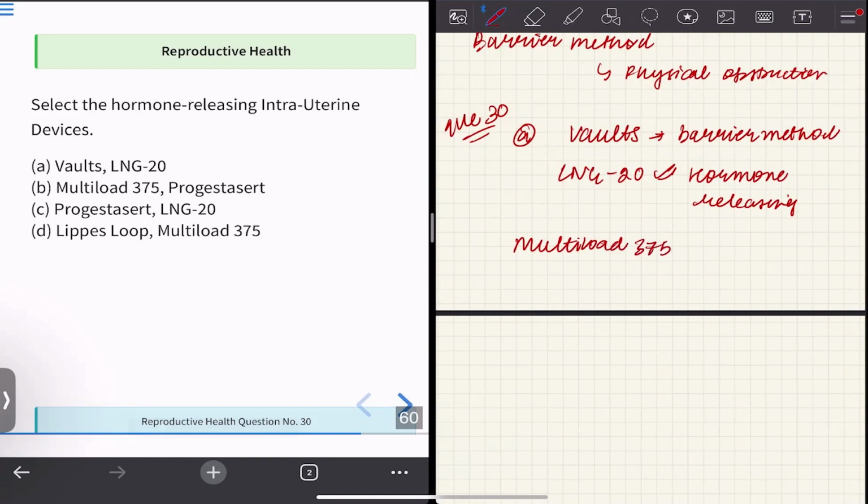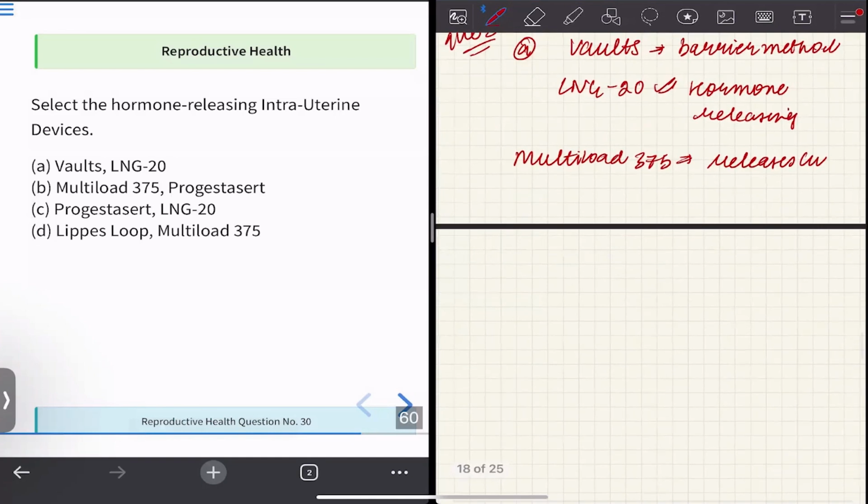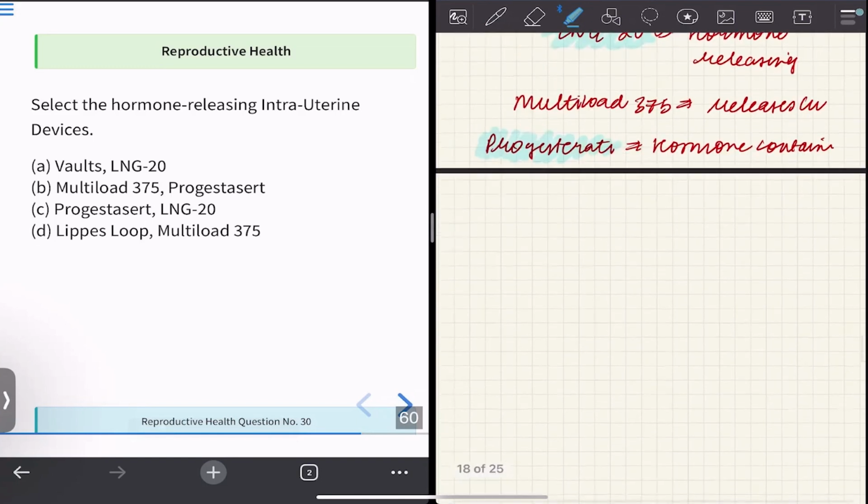It releases copper. Progesterone is hormone containing. So the two hormone containing amongst these are what? It is either LNG 20 or progesterone. Okay. So these are the two hormone releasing intrauterine devices. Lippes Loop also doesn't contain any hormones, so option D is also an incorrect one.